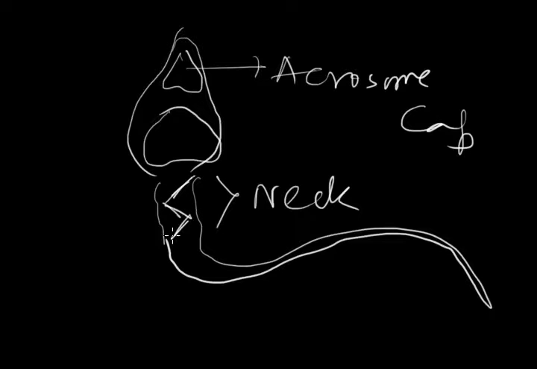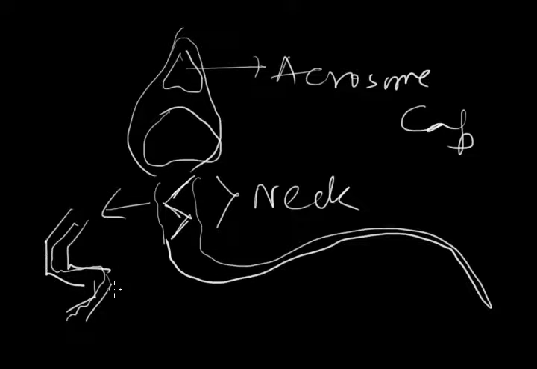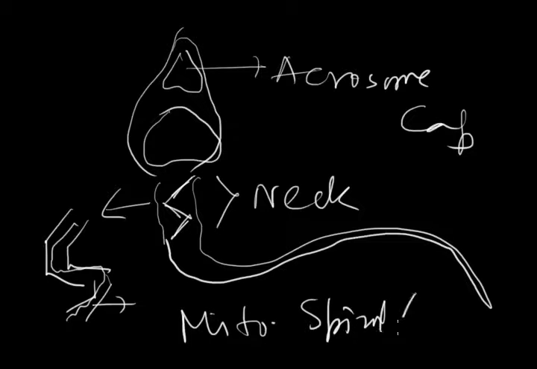It comprises a very beautiful composition of mitochondrial spiral like this. The active mitochondria present here supply profuse energy for the sperm to move towards ovum. This mitochondrial spiral is also known as Nebenkern.